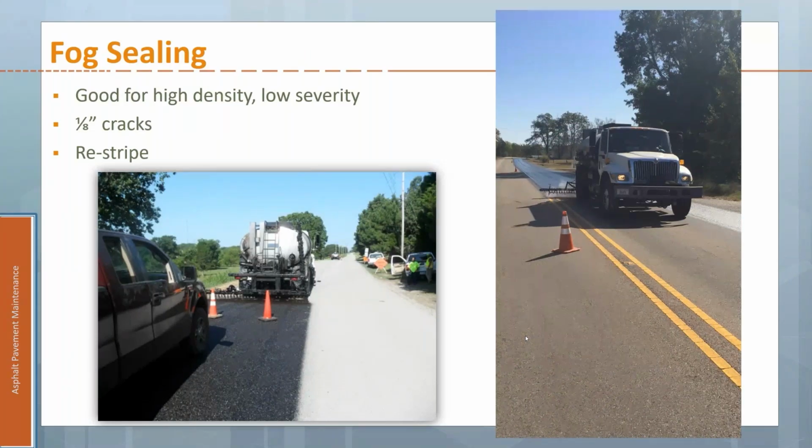Well, because we're trying to preserve the value that we have in this particular roadway. So again, we are looking at something up to maybe 1/8-inch cracks. And remember that once you have effectively painted the road black again, you will need to restripe. So that is something that you want to remember and include in your estimate for what the project will cost.